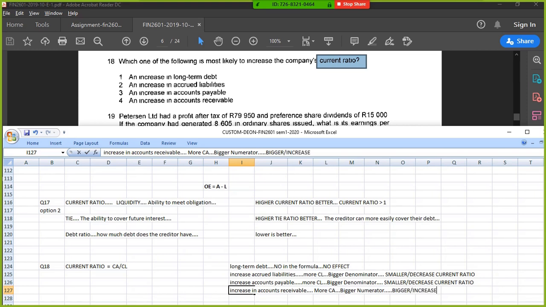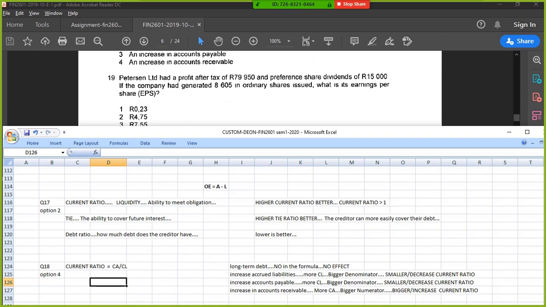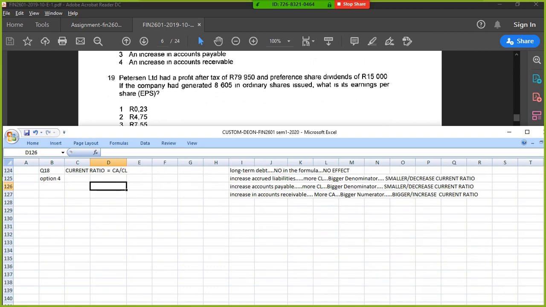Yeah, that makes sense. Option 4. Perfect. Happy? Great. Okay, 19.